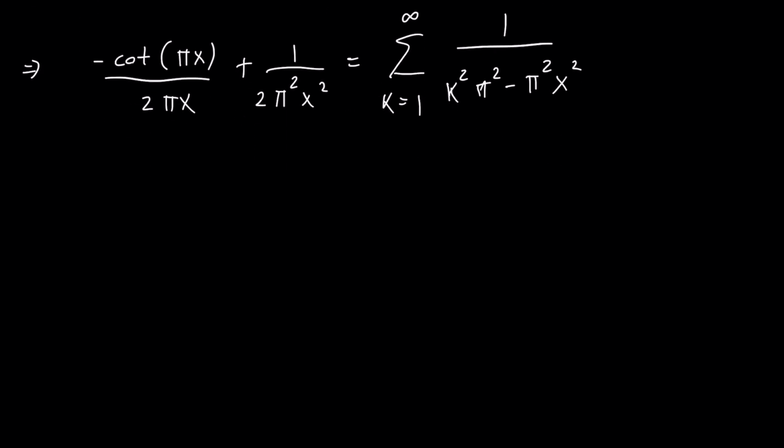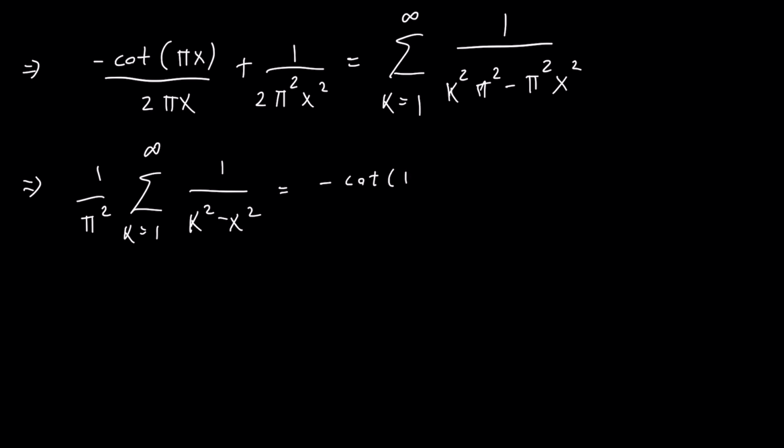And factoring out a pi squared, we have a 1 over pi squared times the sum from 1 to infinity of 1 over k squared minus x squared equals negative cotangent of pi x over 2 pi x plus 1 over 2 pi squared x squared.